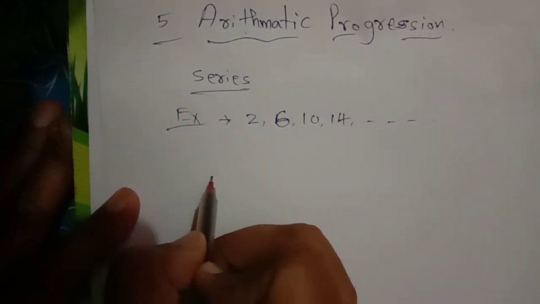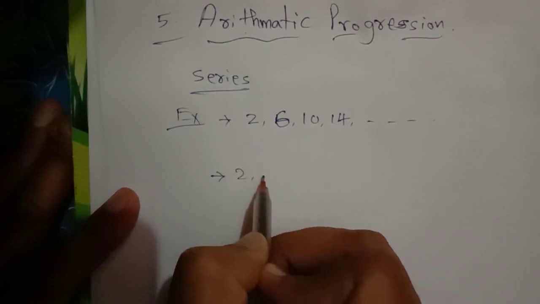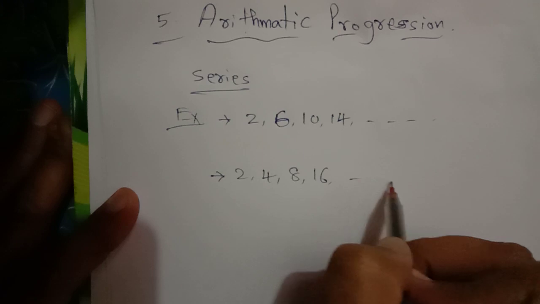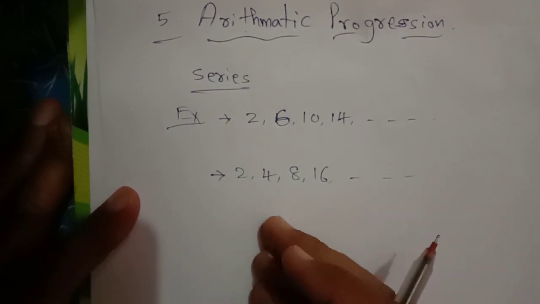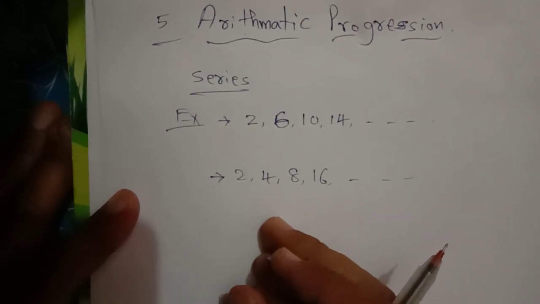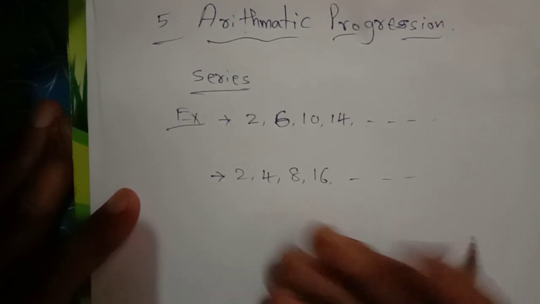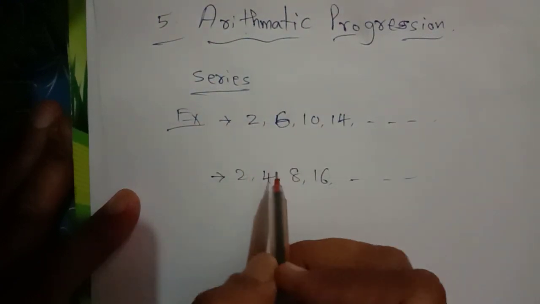And one more example, 2, 4, 8, 16, and so on. We have to check whether these are in arithmetic progression or not. So how can we check?